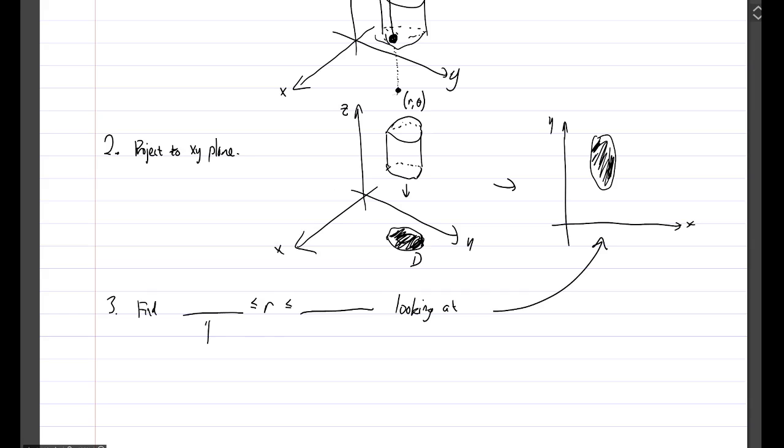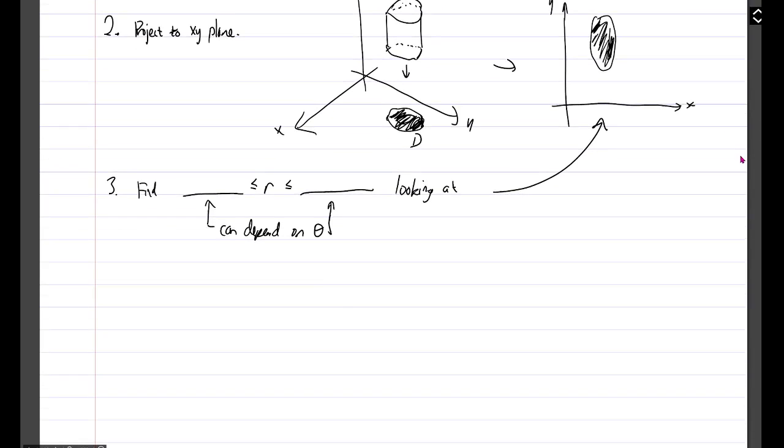Now, these bounds can depend on θ, because that's going to be the outside integral. So I'm going to redraw this picture without shading it in. In the xy plane, you've got this projected object here.